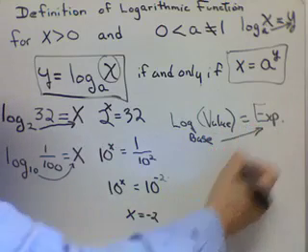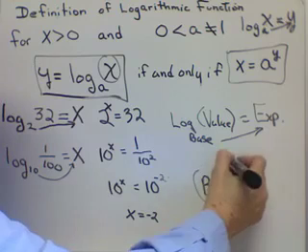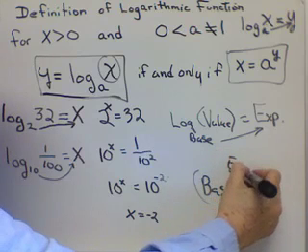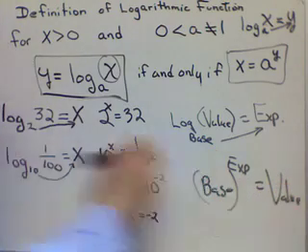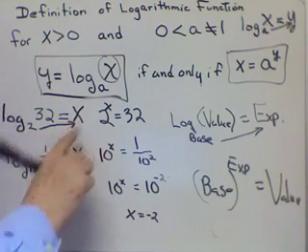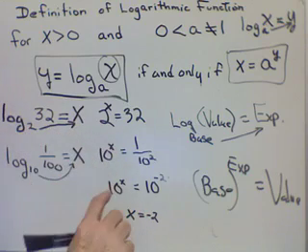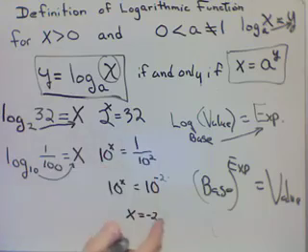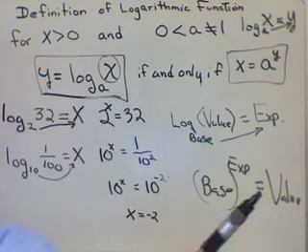And then it's always base to some exponent always equals the value. And this works for these, right? Base to the exponent. So 2 to the x equals 32. 2 to the 5th equals 32. So, these are pretty easy. Good luck with the log problems.